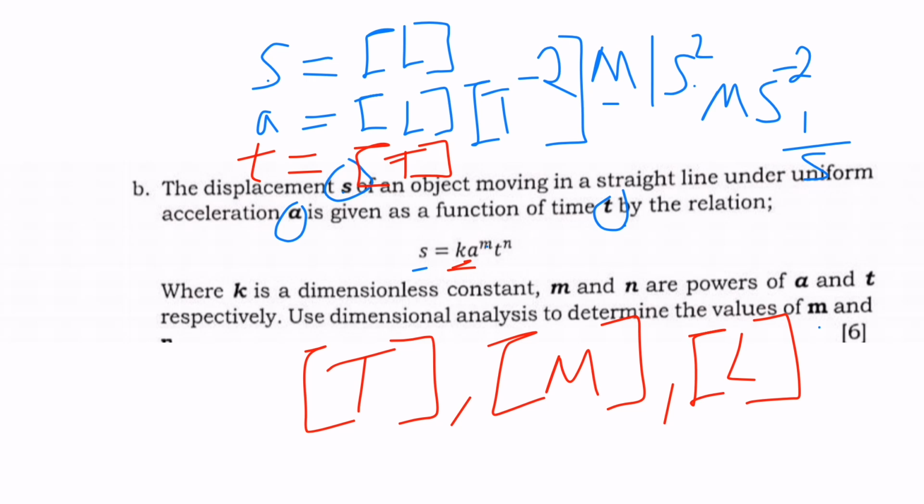Our formula is s is equal to k a^m t^n. Now, how can we express that in dimension analysis? Just write L, which is the displacement, the length.